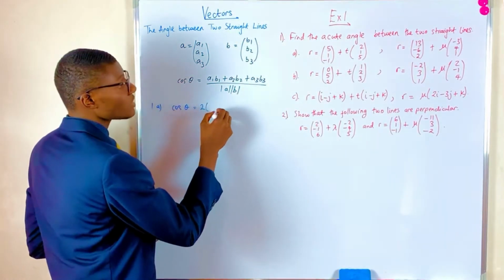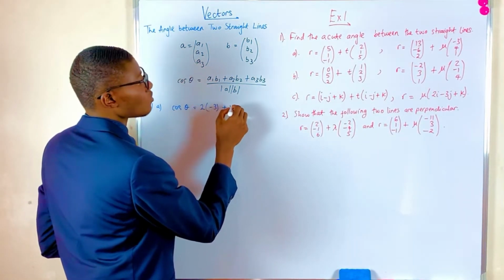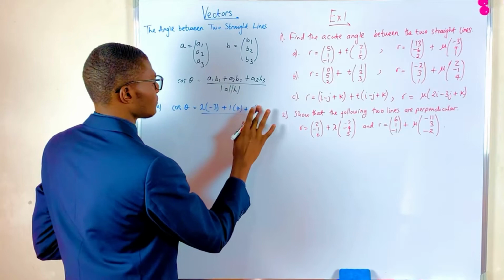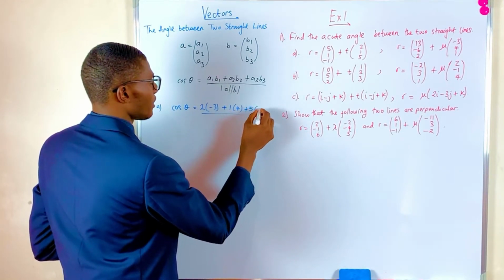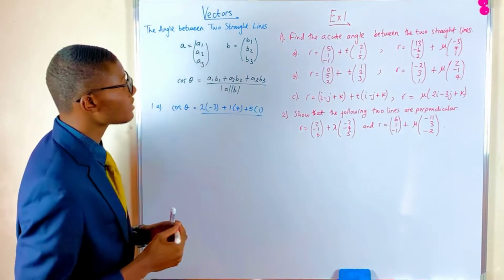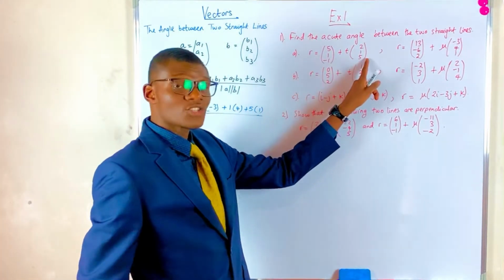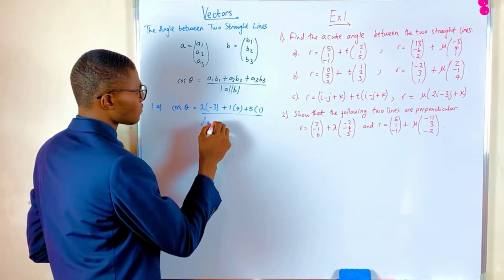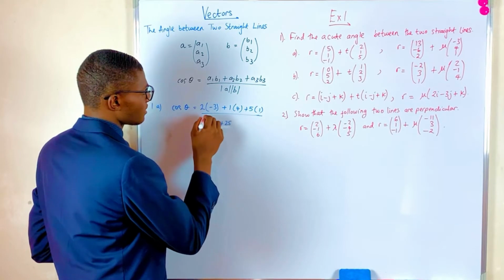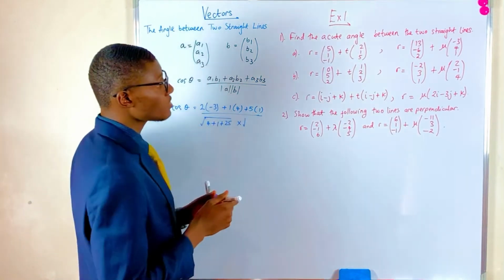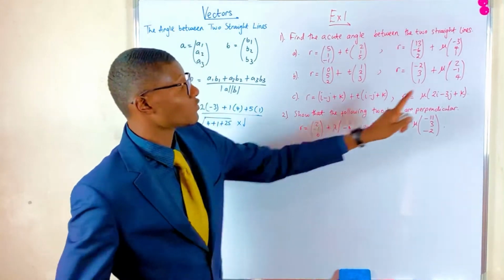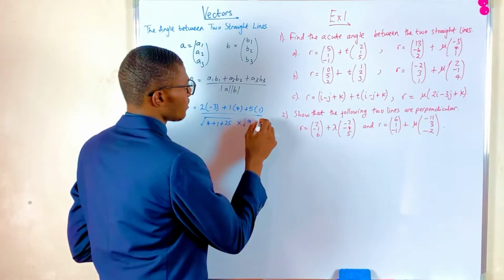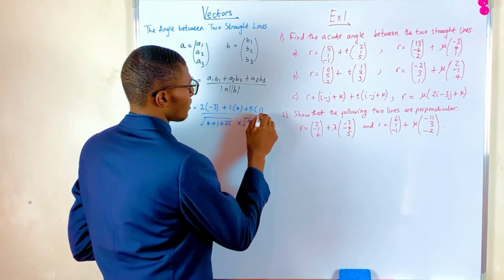We're saying 2 times minus 3 plus 1 times 4 plus 5 times 1, over the magnitude of this direction vector, which is root of 2 squared, that's 4, plus 1 squared, that's 1, plus 5 squared, that's 25, times the magnitude of this direction vector, which is root of minus 3 squared, that's 9, plus 4 squared, that's 16, plus 1 squared, that's 1.